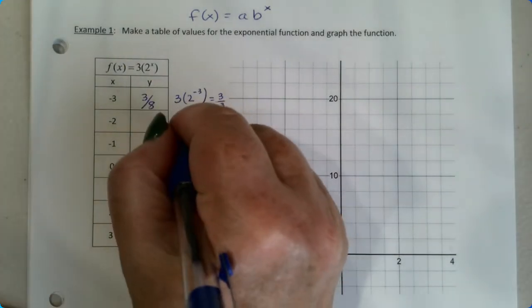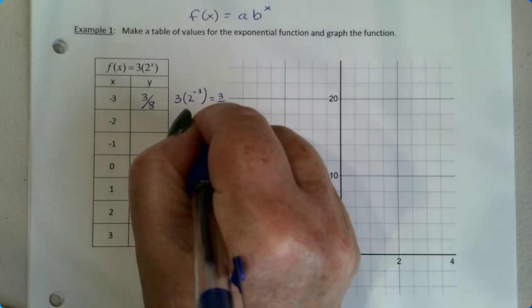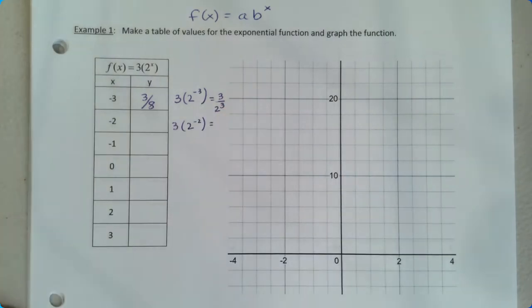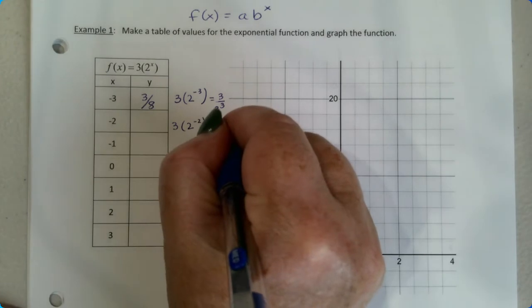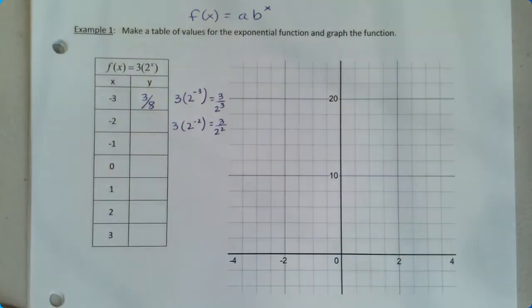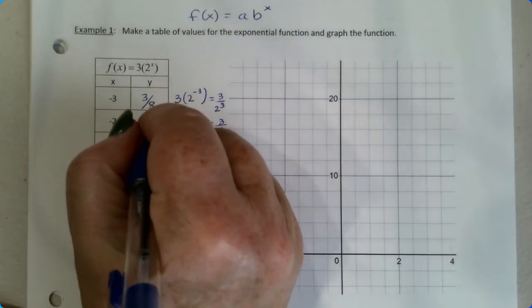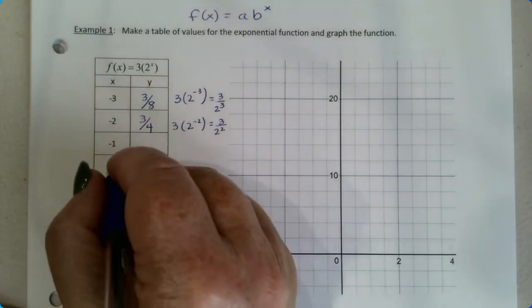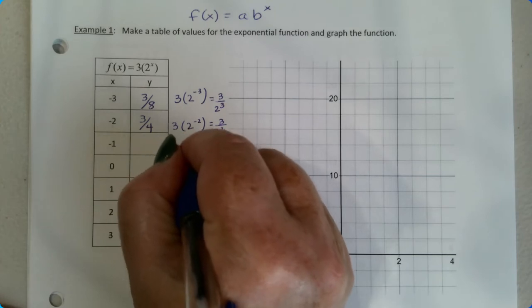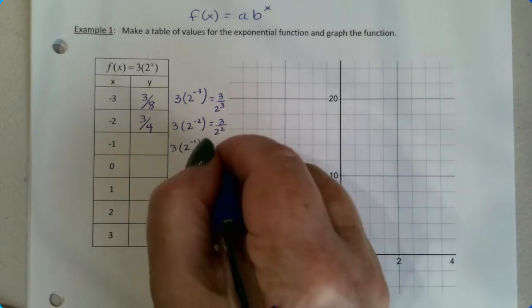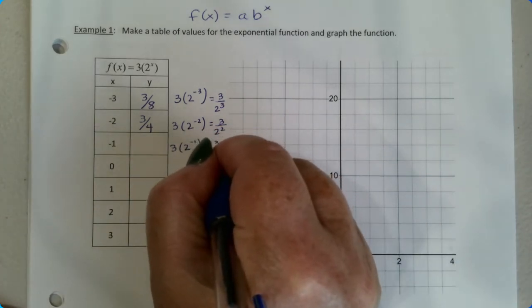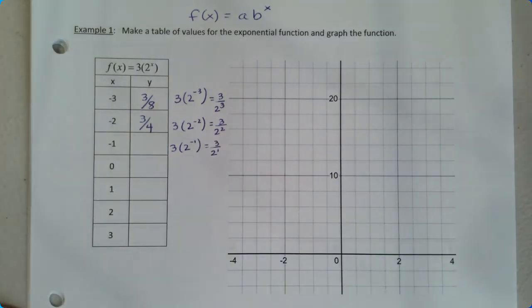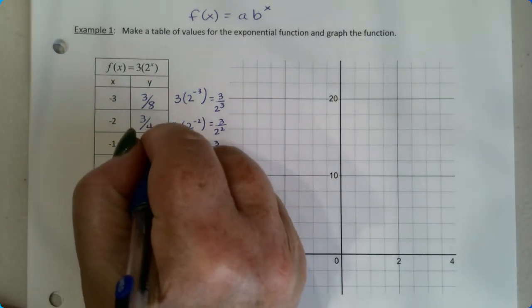Same idea here. I'd have 3 times 2 to the -2nd power, which is really 3 over 2 squared, 3/4. And when x is -1, 3 times 2 to the -1st is 3 over 2 to the 1st, 3/2.